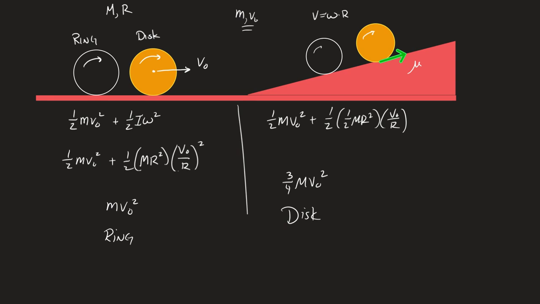There has to be a portion of the force upwards. One of those things causing it to go up is the normal force, but the other thing causing it to go up is the frictional force. It's the two forces together that push it upwards. This is why it can go further up the ramp than just a block sliding without friction. It has that additional way of getting the energy from rotational to gravitational.